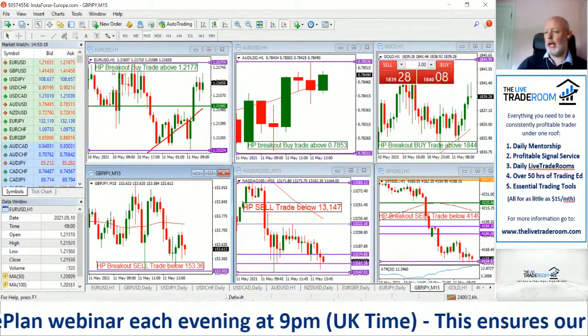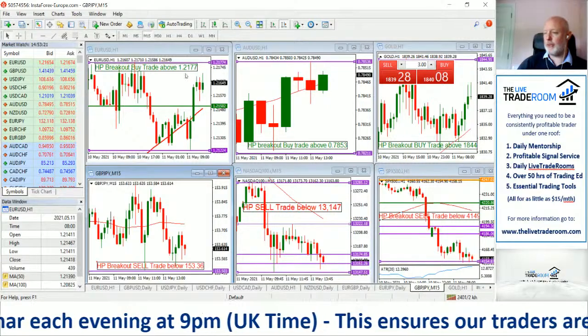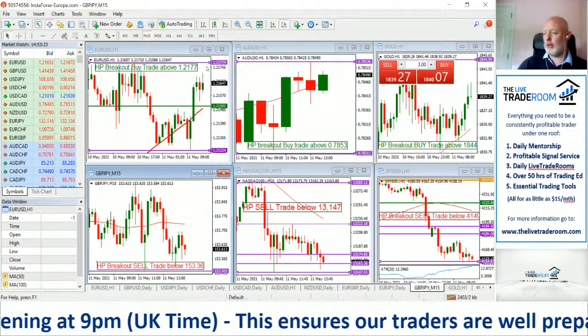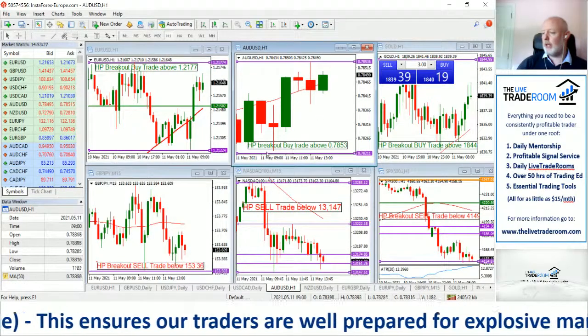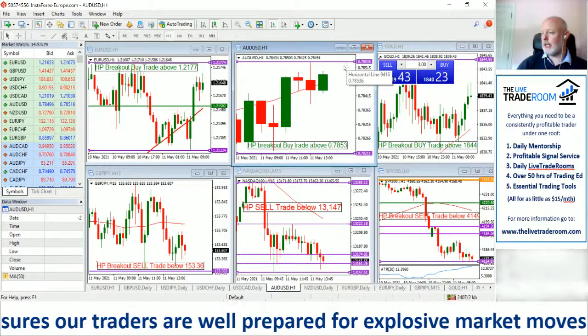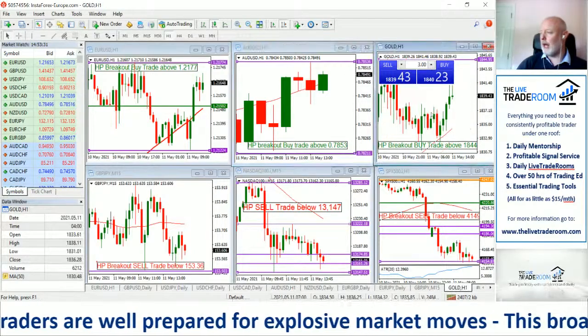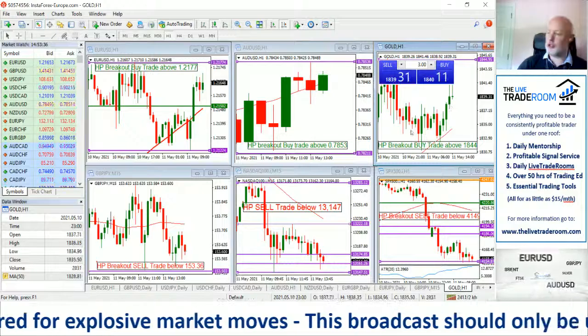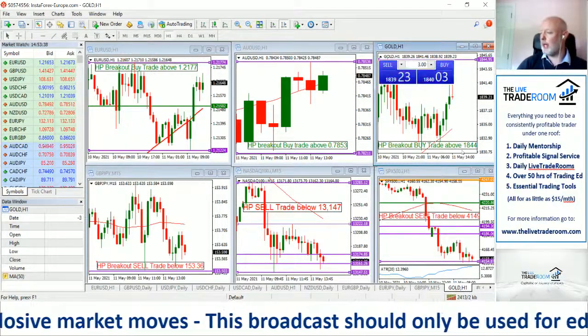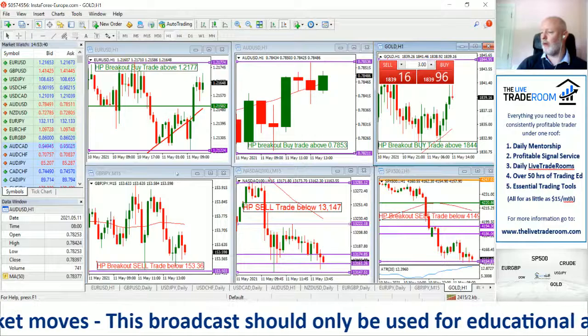We like the euro dollar to the upside, above the 121.77. The New Zealand dollar above that 68.53 level, and lastly the gold market, that inflation hedge trade to the upside, but it would need to be above the 1844.